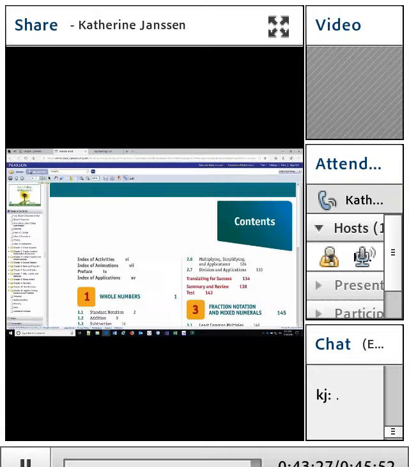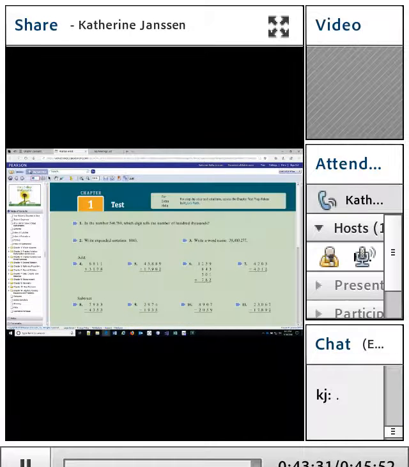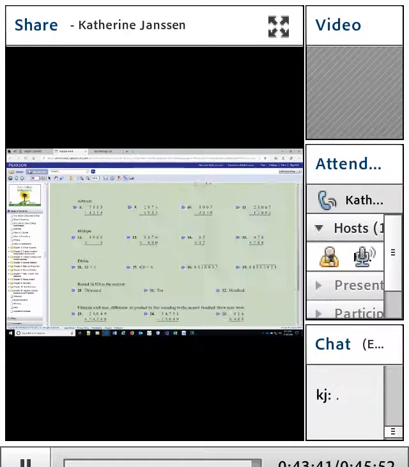Use your pagination text box to go to page 83. And this is your chapter test. This models exactly what's in the textbook, page for page, question for question.